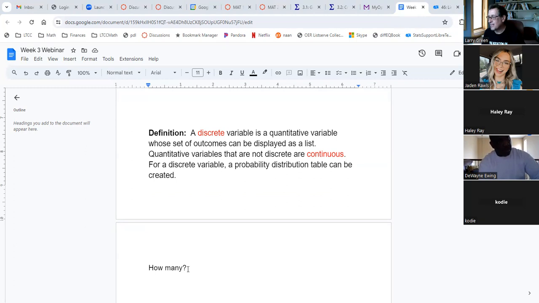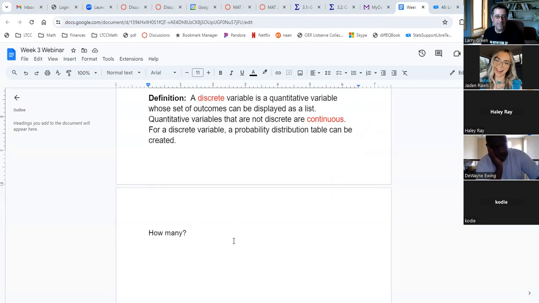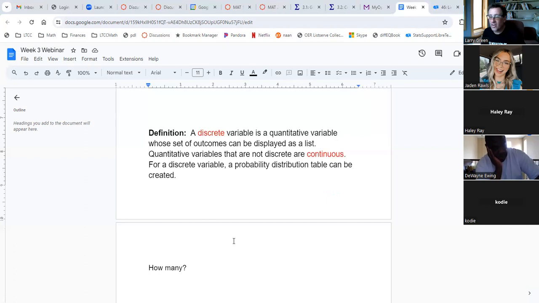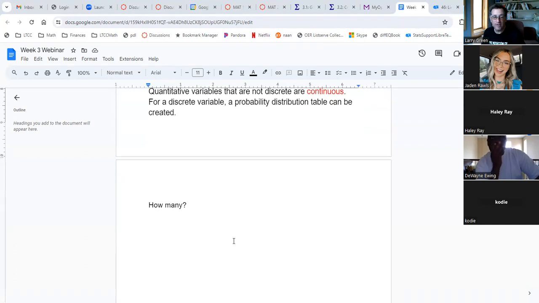If you can answer the question as how many of something, then that'll be a discrete variable. Whereas continuous variables are often how much or how long, something like that. So kind of nice little grammar ways. And again, I didn't even realize until I taught English because we just say it naturally. So we're going to be starting out talking about discrete variables.